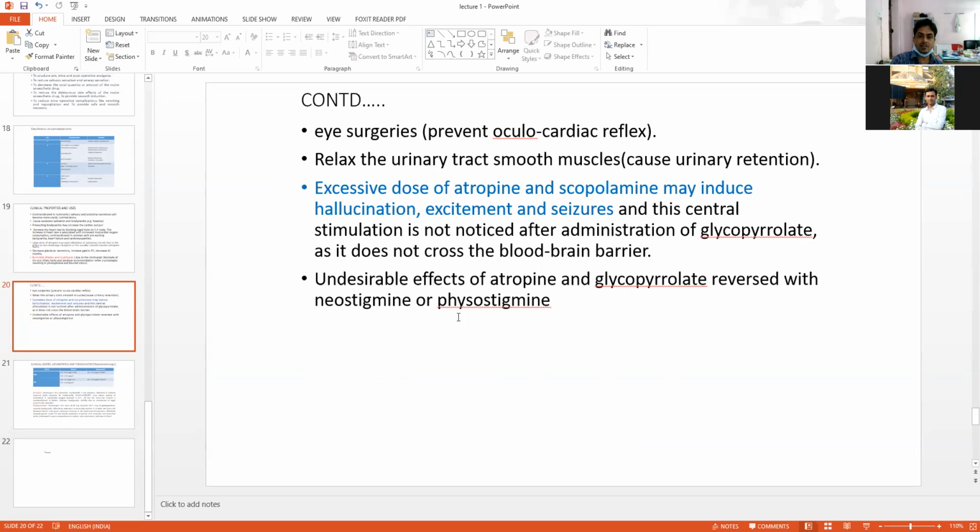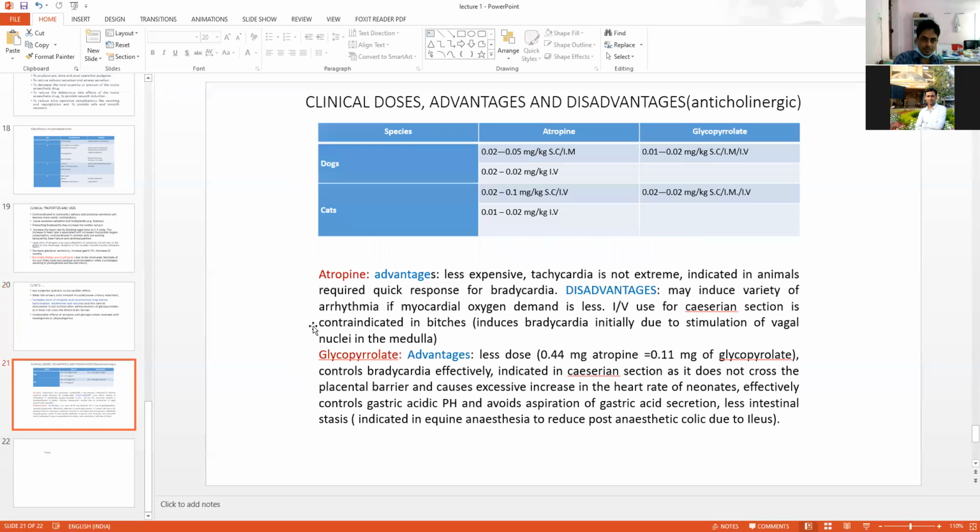This undesirable effect of atropine and glycopyrrolate can be reversed by neostigmine and physostigmine. Whenever in examination people ask you to name the drug which can reverse the undesirable effect of atropine and glycopyrrolate, the name of the drug is neostigmine and physostigmine.